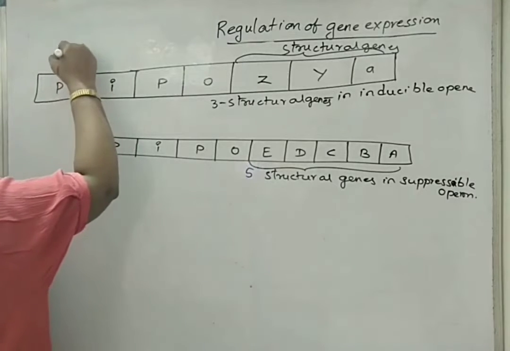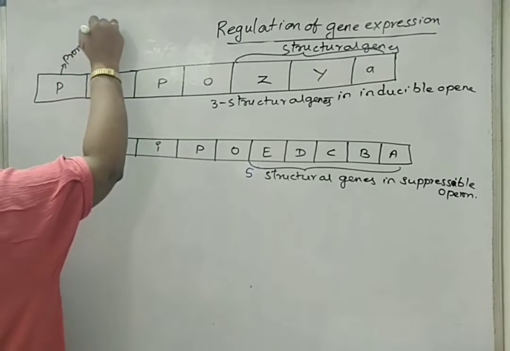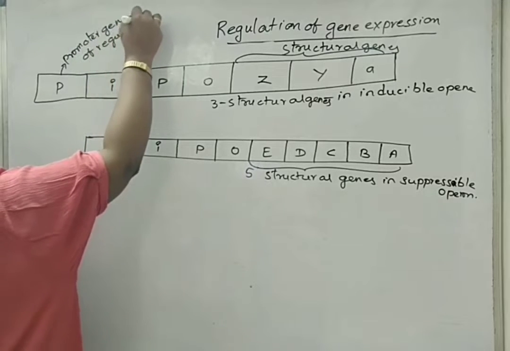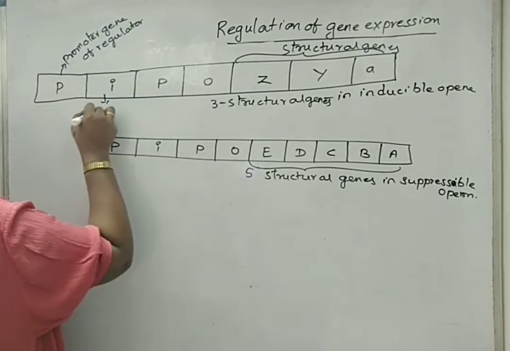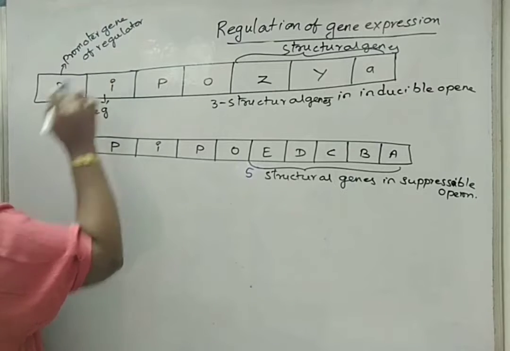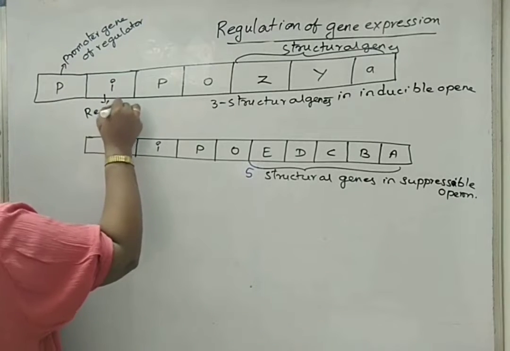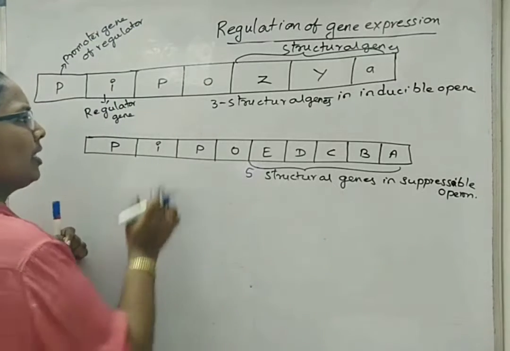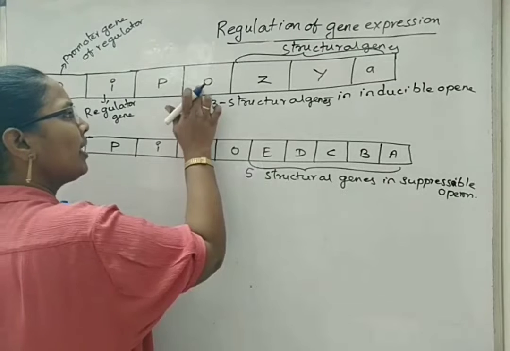So this is called the promoter gene of the regulator. This is the regulator gene. This promoter enhances the function of the regulator gene. Now, this is the promoter gene to enhance the function of the operator gene.